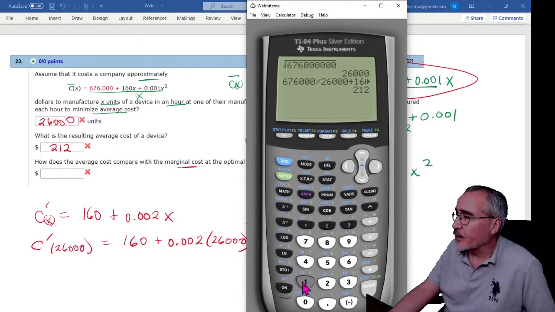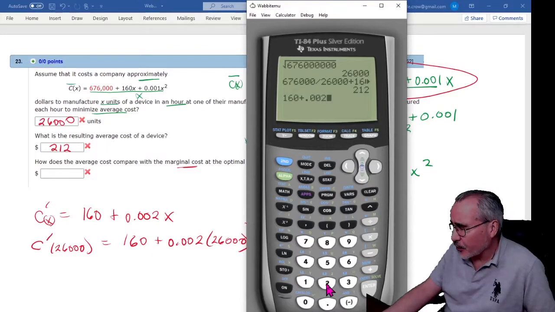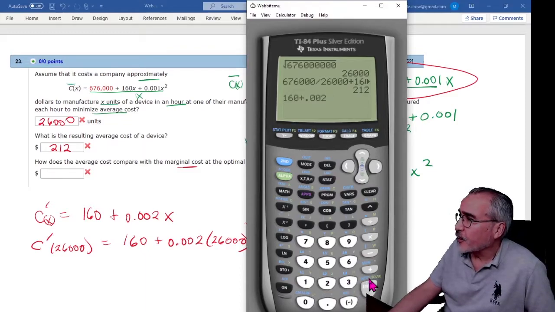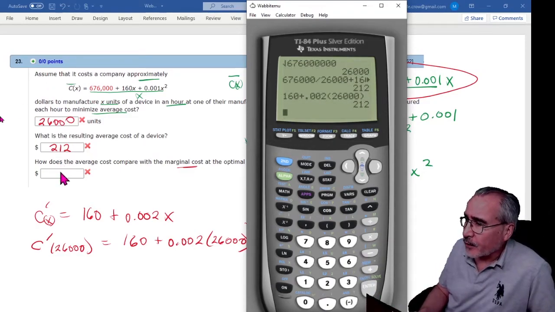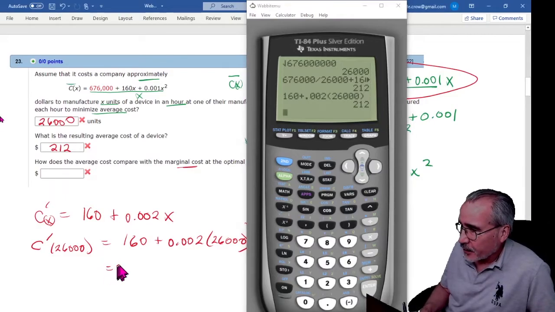Okay, so we've got 160 plus 0.002, which would be 26 times 2, which would be 54. No, sorry, 2 times 26 is 52. So put that in there. And our answer, 212. So the marginal is 212.